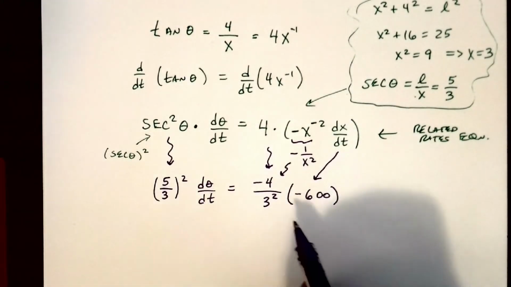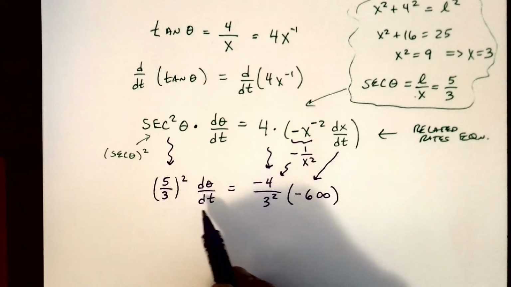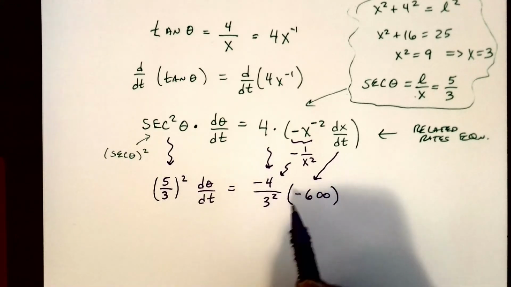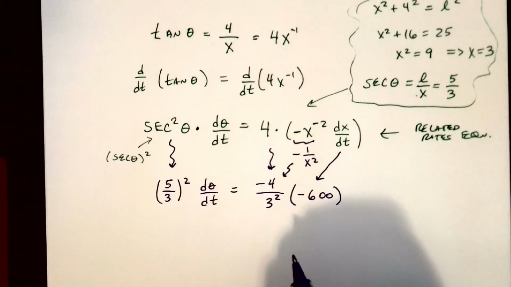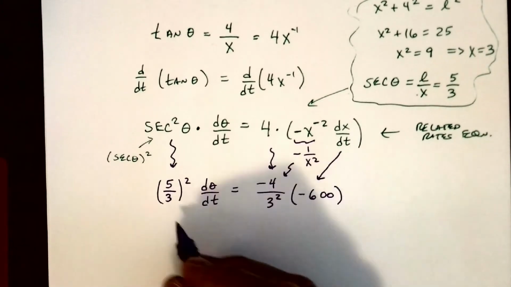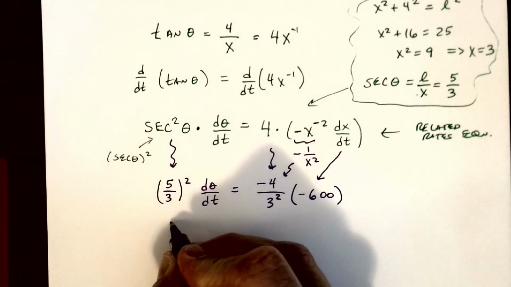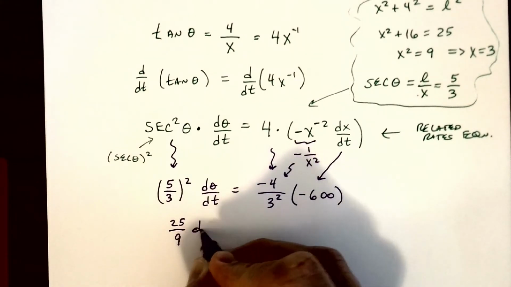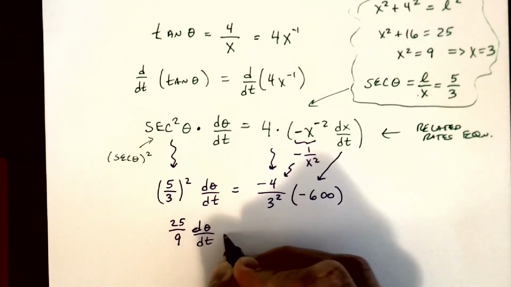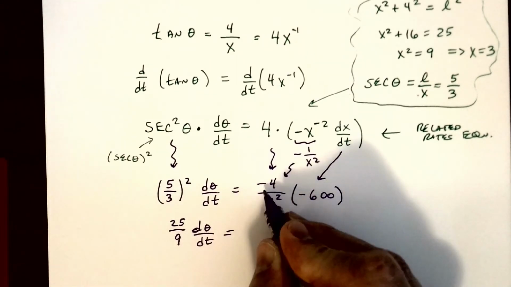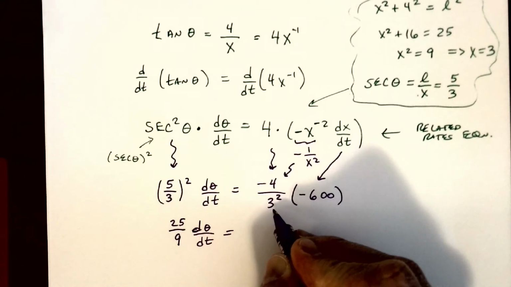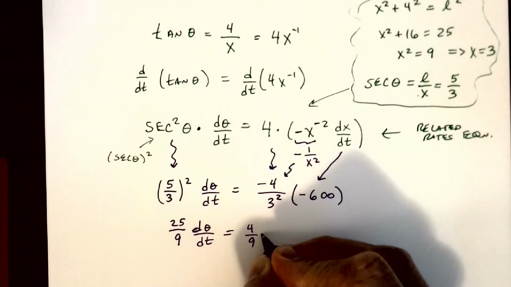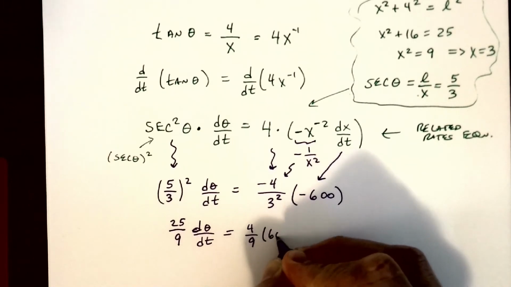Okay. So we now can solve for d theta dt. We've got a little bit of arithmetic to do here to clean things out. Let's do that. If I square this, I get 25 ninths d theta dt equals, negative times negative is positive, I get 9 down here, so 4 ninths times 600.